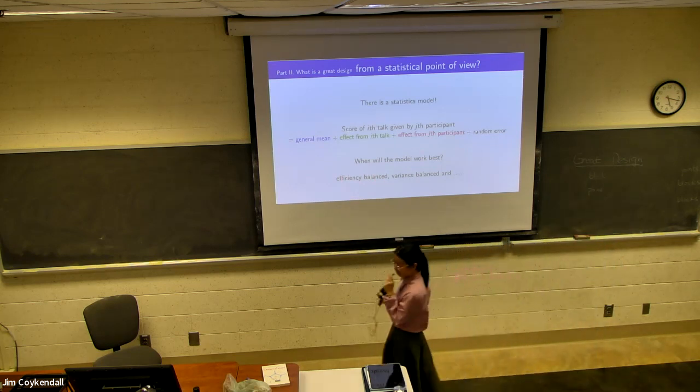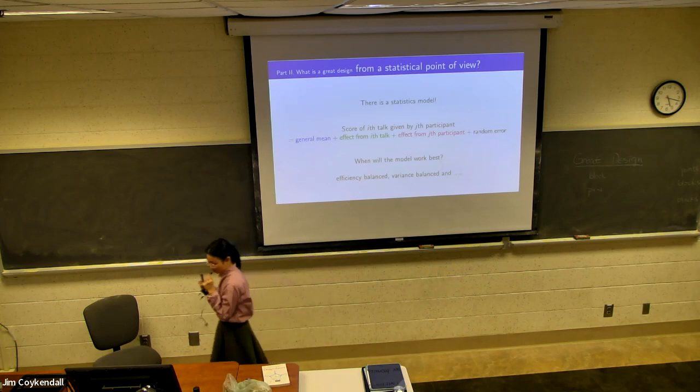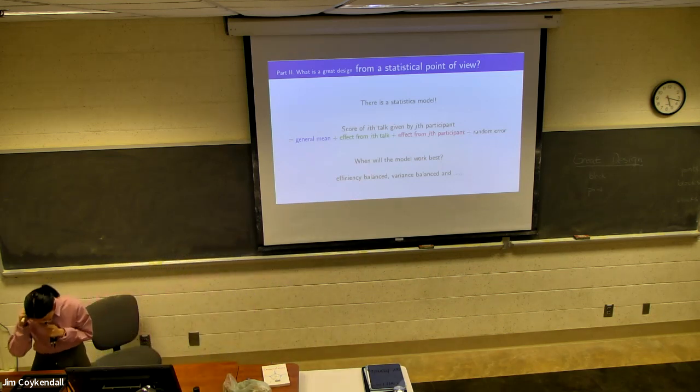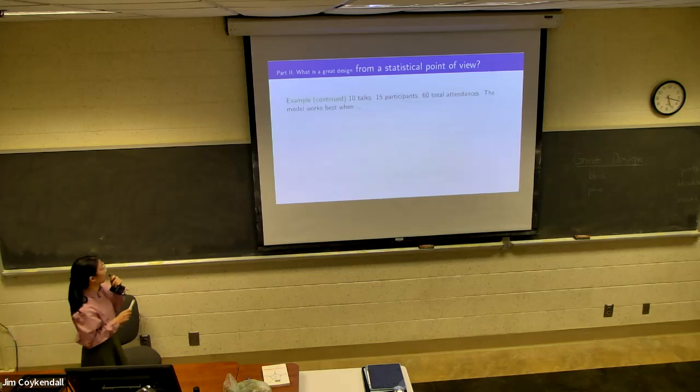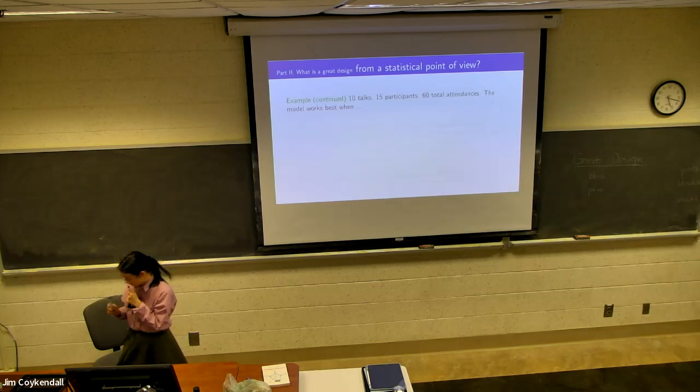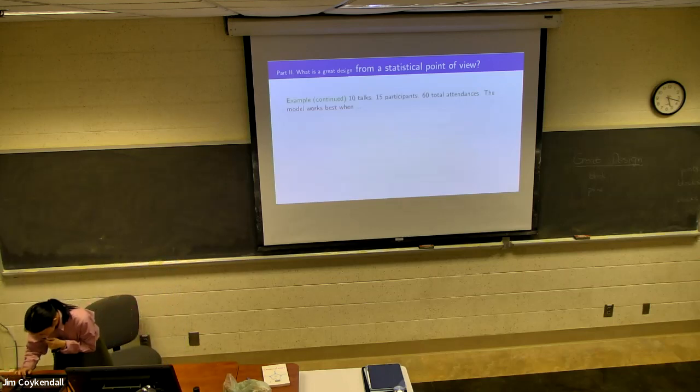They have a lot of concern when they make the model, or just to estimate how efficient the model would be. In our case, we get only 15 participants, 60 total attendances.